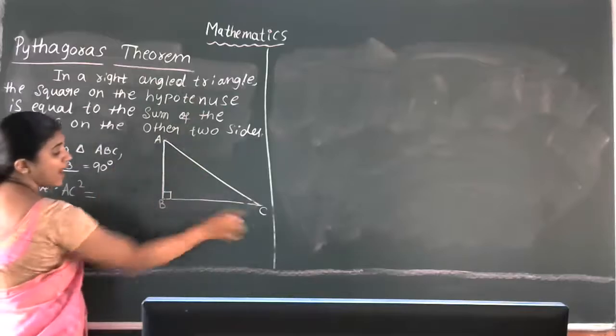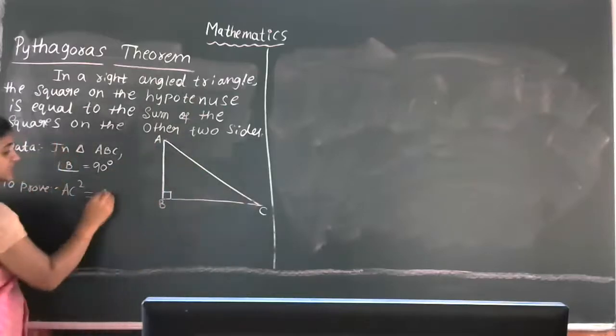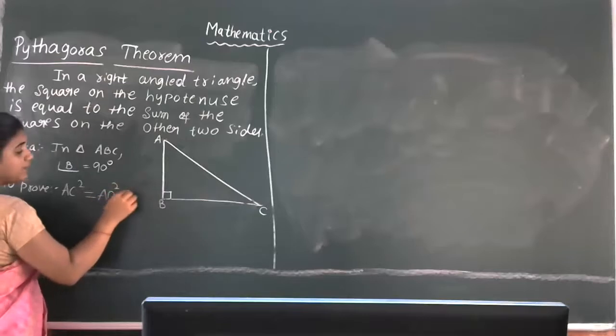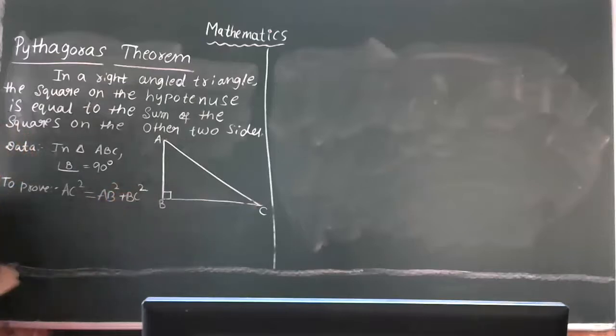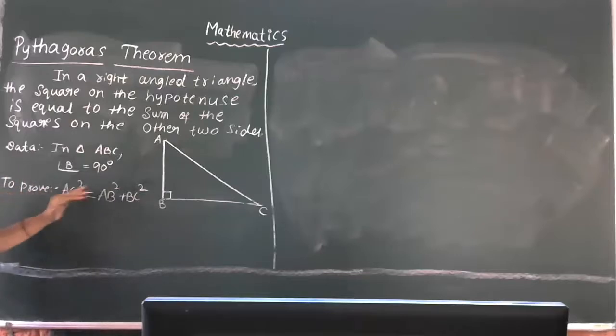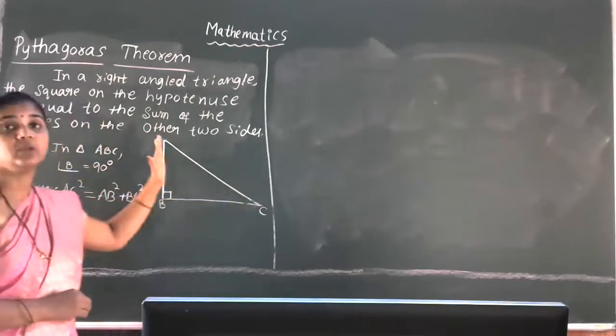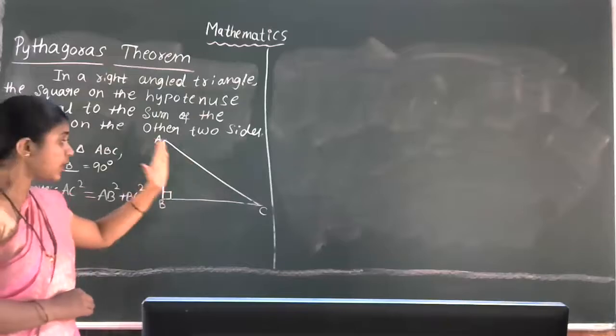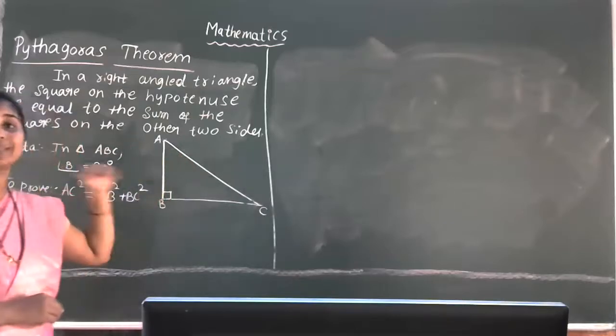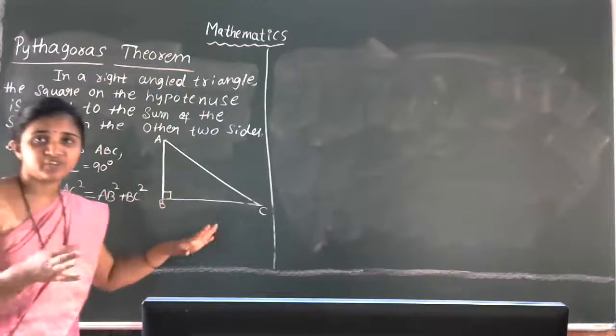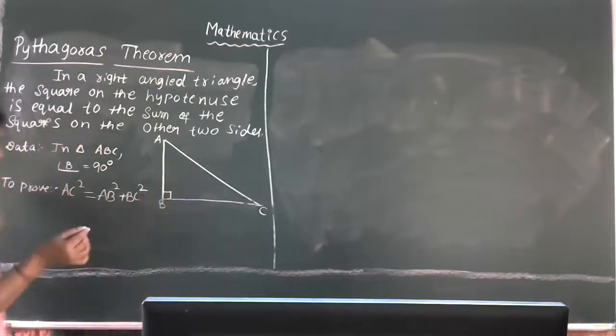Now compare. In triangle ABC, angle B is 90 degrees. In triangle ADB, angle ADB is 90 degrees. So same angles, no? Angle ABC in triangle ABC is equal to angle ADB in triangle ADB, both equal to 90 degrees. Reason is construction. So let us do one thing.